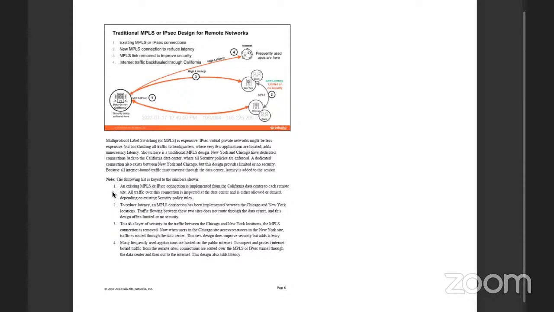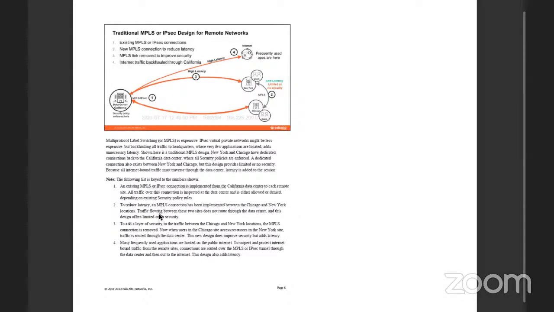So let's cover the points which are listed here. An existing MPLS or IPsec connection is implemented from the California data center, which we mentioned, to each remote site, which is New York and Chicago. All traffic over this connection is inspected at this data center where we have our firewall, where the traffic is either allowed or denied on the basis of the security policy rules which we have.